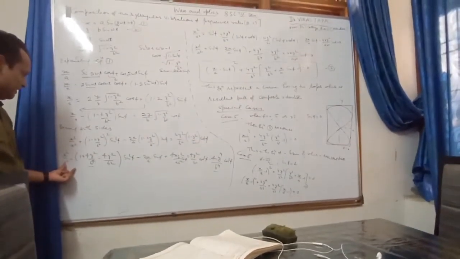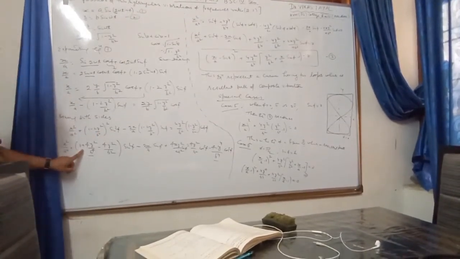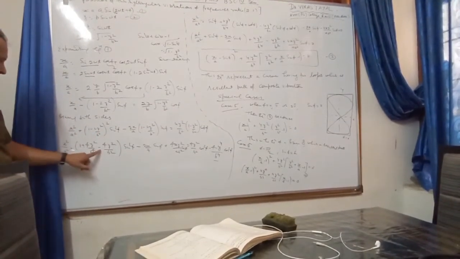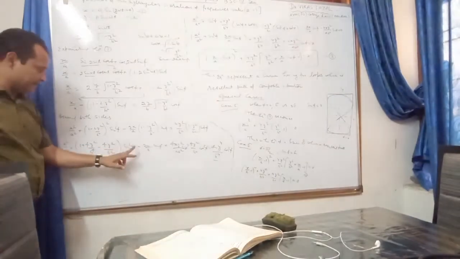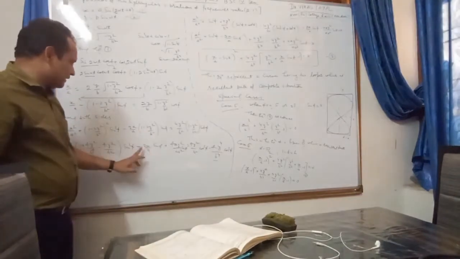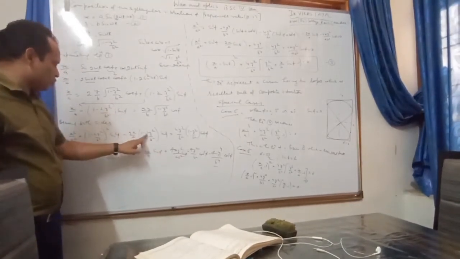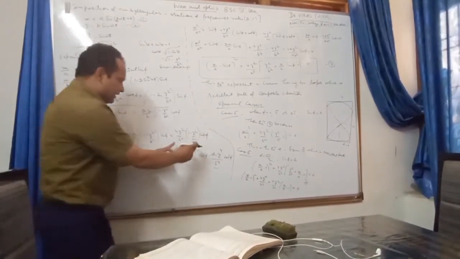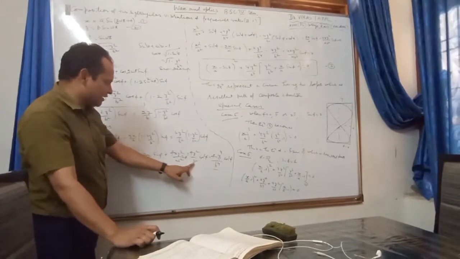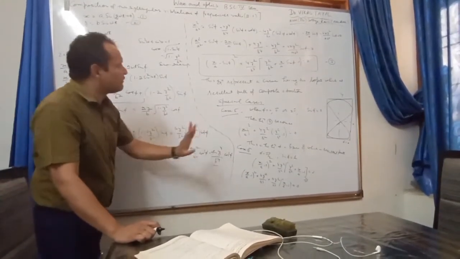Now open this bracket, and the terms multiplied by each other will become this.